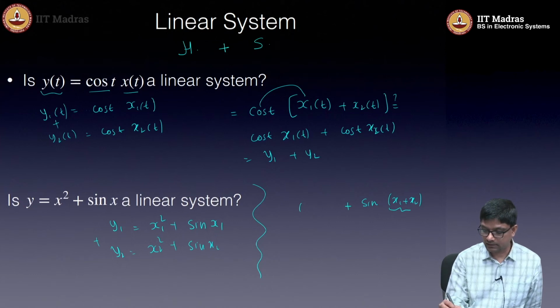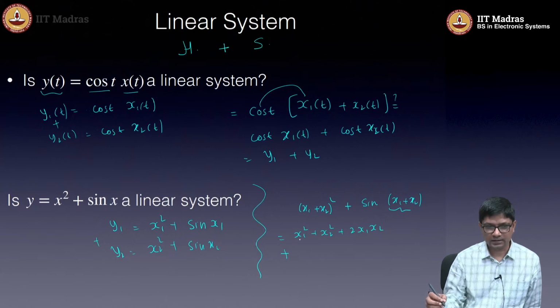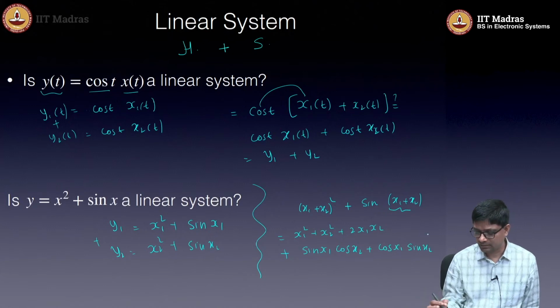Let us expand this. So this will be x1 square plus x2 square plus twice x1 x2, plus sin of A plus B. I am assuming I remember the formula, sin A cos B plus cos A sin B. I may be making a mistake, but just verify this.